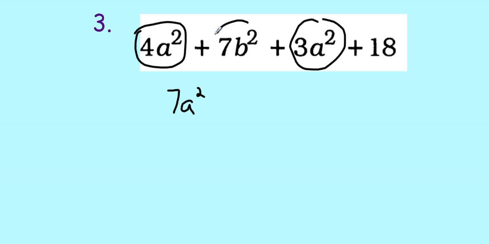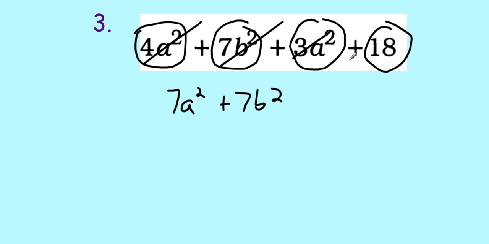And then we have the b squared. It cannot be combined with anything, so we just bring that down: plus 7b squared. And then we have the 18. It can't be matched with anything. So our final answer is 7a squared plus 7b squared plus 18.